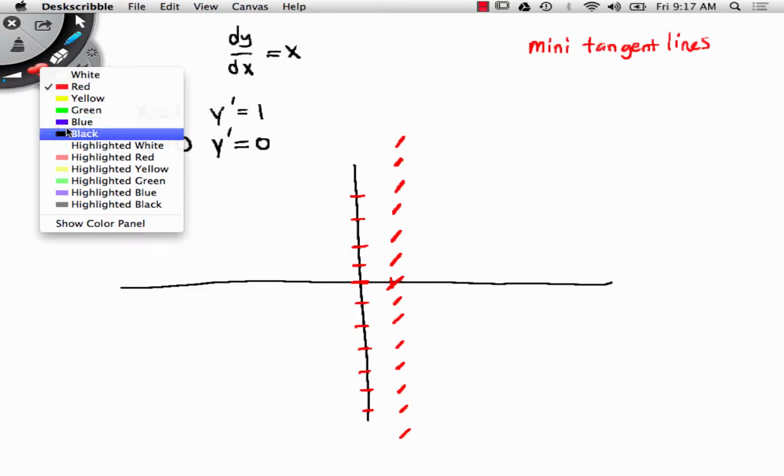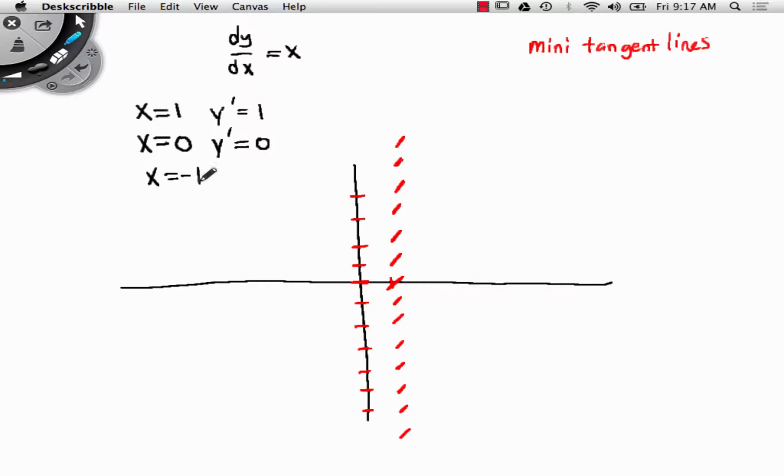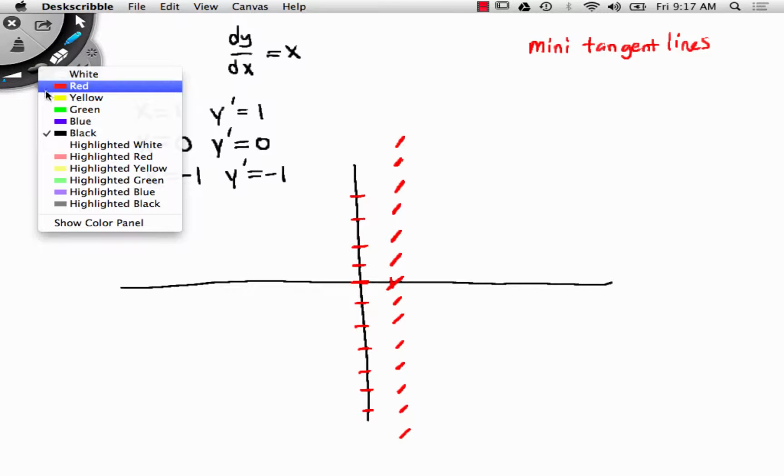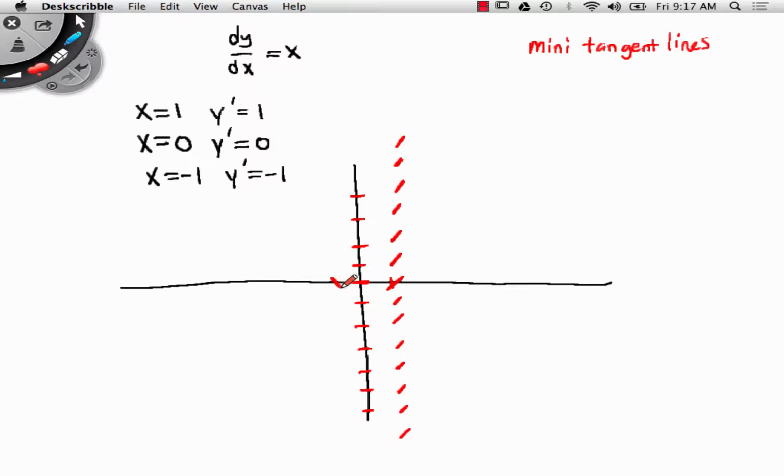What if x equals -1? What is the slope? -1. So what that would look like is like this. What if x is equal to 2? 2 is the slope. So at 2, the slope is a little bit steeper, isn't it?